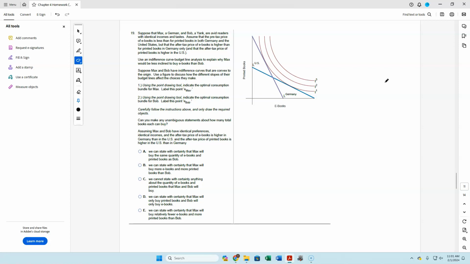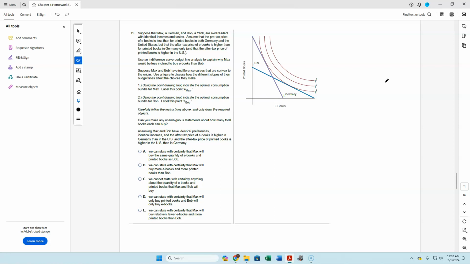Then we're looking at a situation where they're taxed, but the tax on ebooks is less than the tax on printed books for Germany and the United States, but the after-tax price of ebooks would then be higher than printed books in Germany only. So what that does is it alters our budget constraint again.